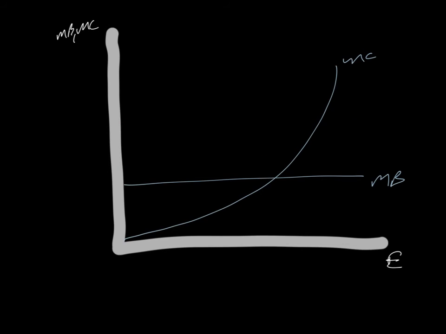We can use this same framework to think about the impact of, say, education about side effects. So people suddenly learn more about side effects and how to triage them and not to freak out about them. What does that do? That means for any level of effectiveness, marginal cost will be lower with education.